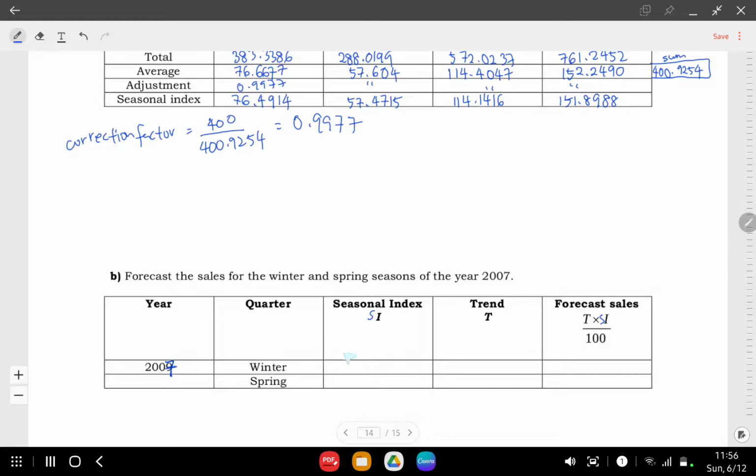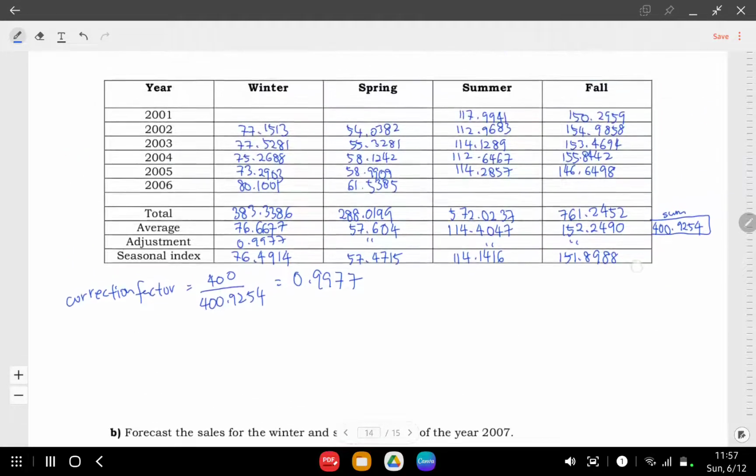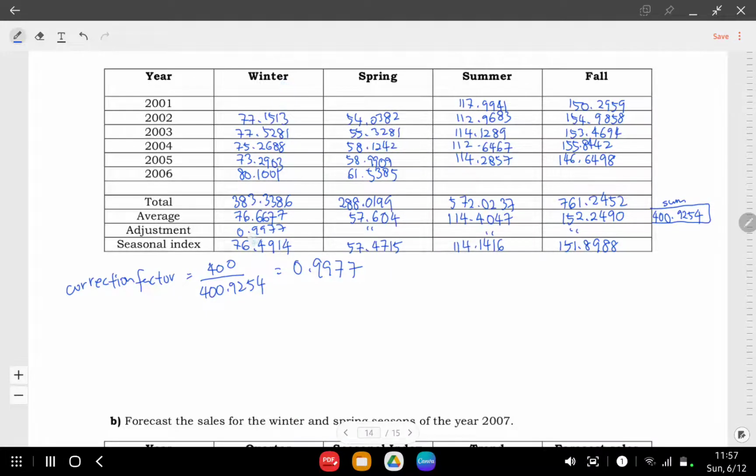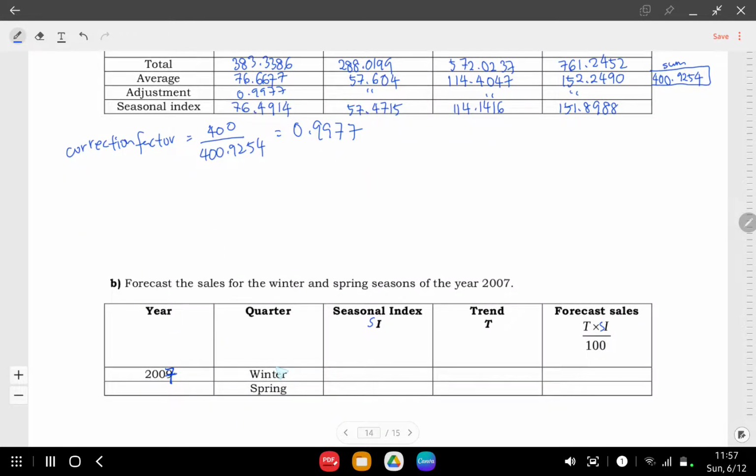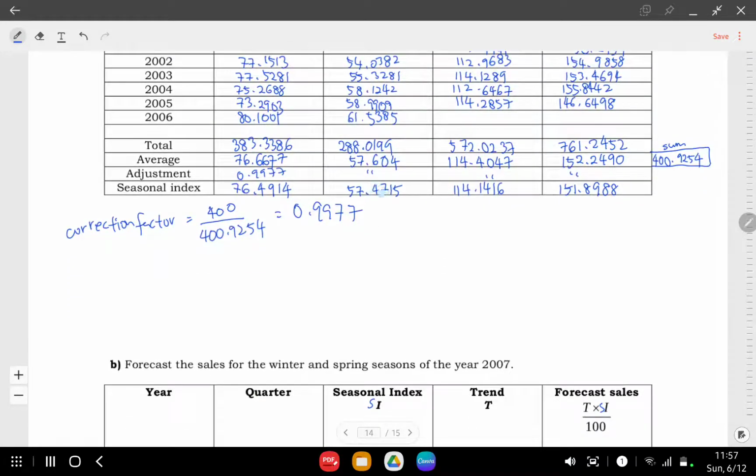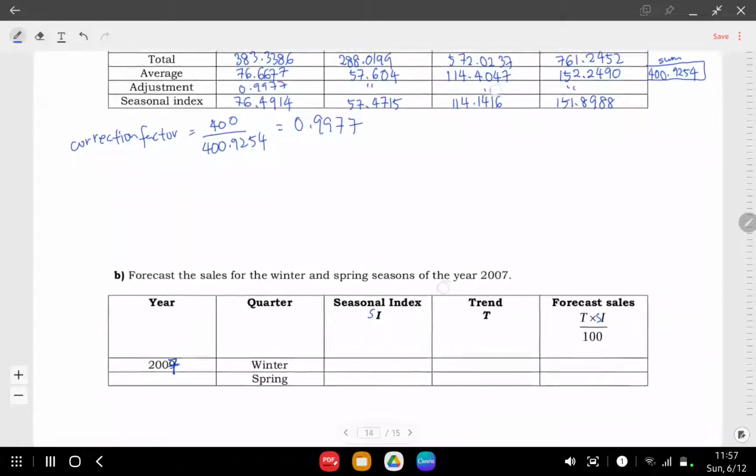So the seasonal index for winter is right here, 76.4914, and the seasonal index for spring is right here. So we need to write it again.